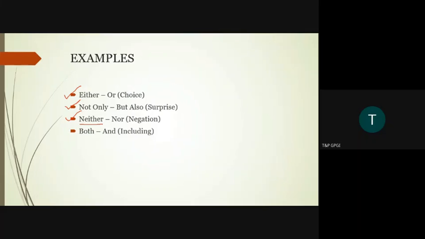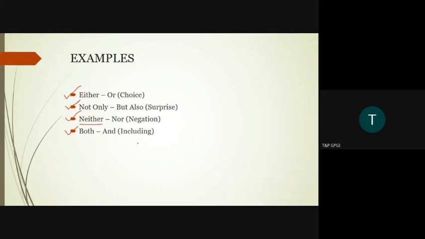So finally, the last one we have is both and. So it is including. How is it inclusive? We'll see. Both my brother and my father love basketball.